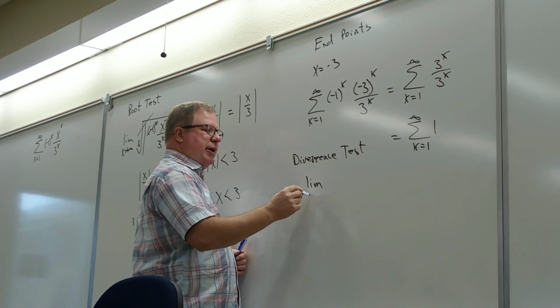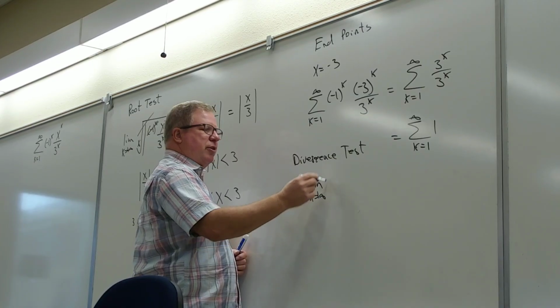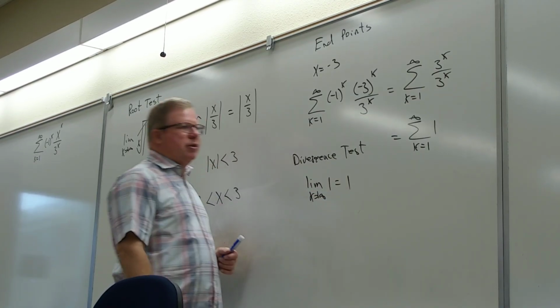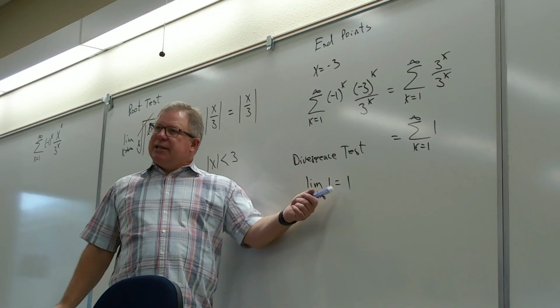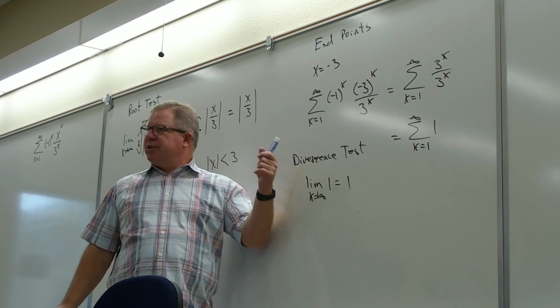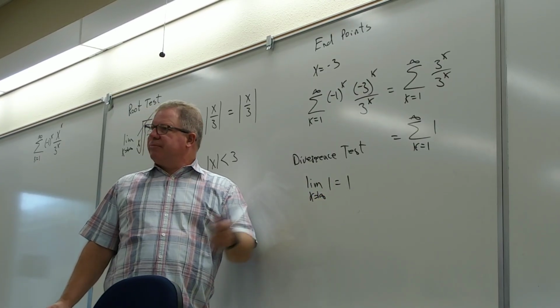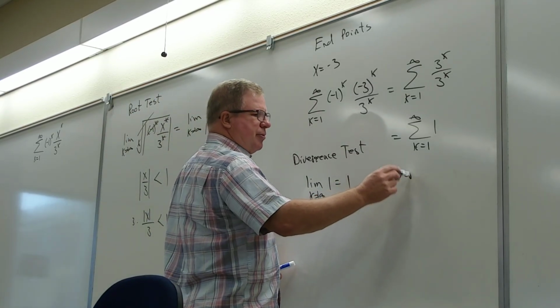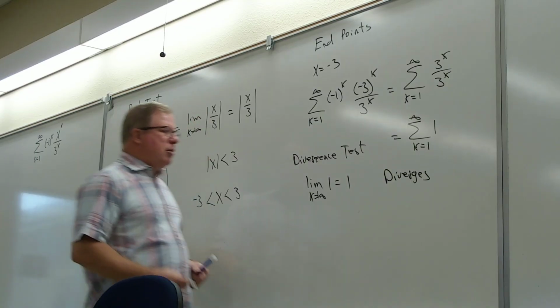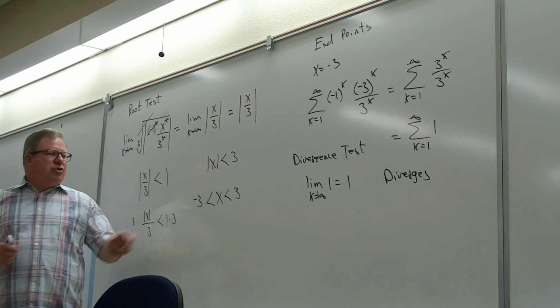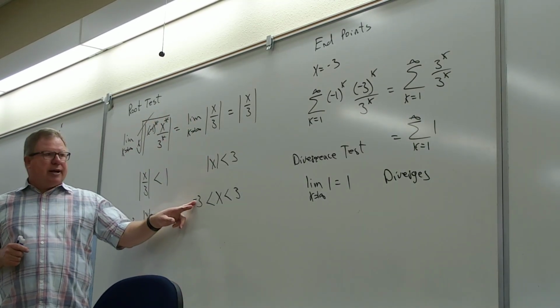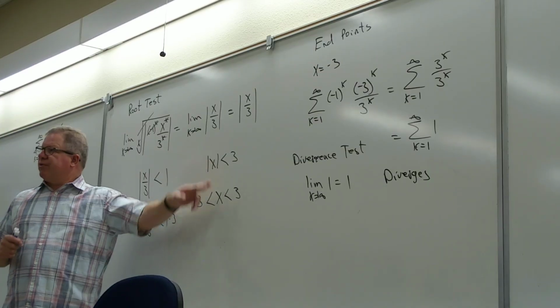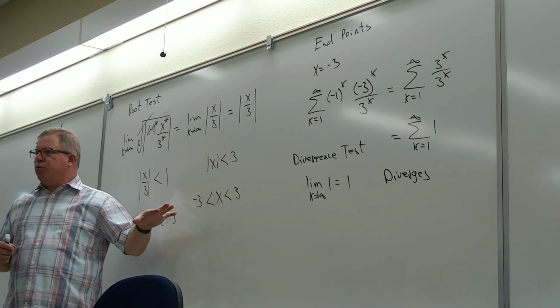The limit as k goes to infinity of 1 equals 1. If that limit is anything other than 0, it diverges. So it diverges. That means we do not include -3 in our interval of convergence.